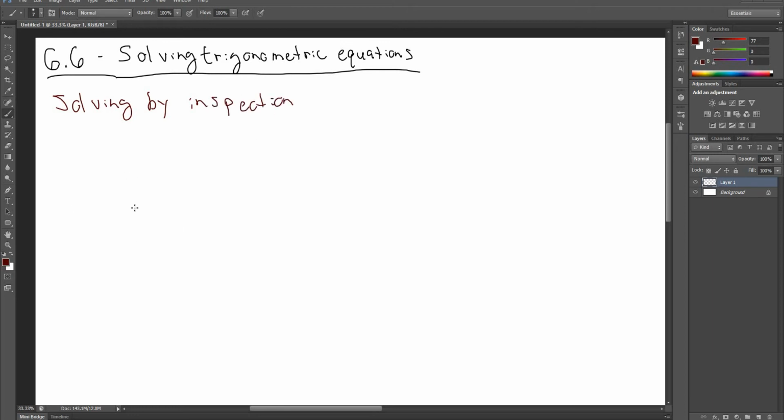So we've looked at some simple problems before, such as sine of x is equal to a half. We know sine is y over r. On a unit circle, r equals 1. So we are looking for the angle x that gives us a y coordinate of a half.